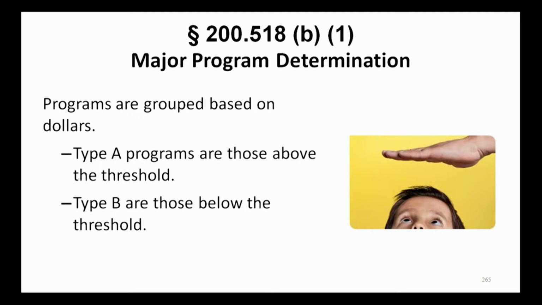So 518B1, just as a refresher for folks, if they're auditing multiple federal programs, they are looking to identify what are the type A or major programs to audit. So they're analyzing the amount of federal funds, which programs have the highest risk, and then that's where they're going to focus their audit. So you have type A, B programs, and depending on if your program's above or below that threshold will be how they conduct the audit.